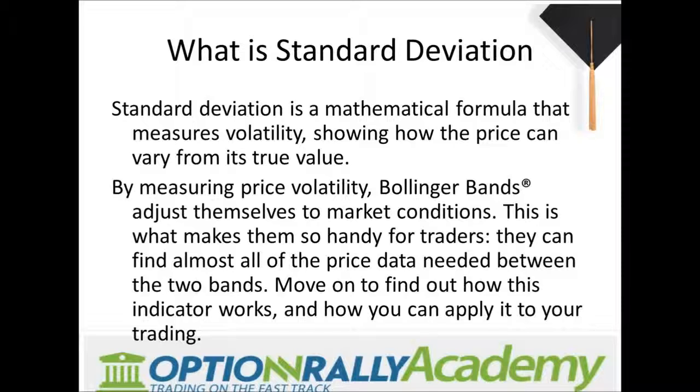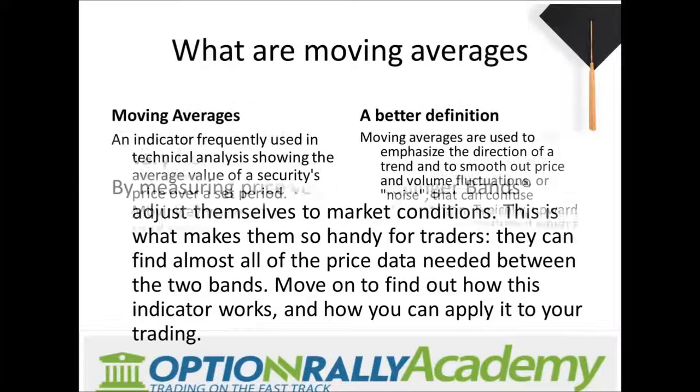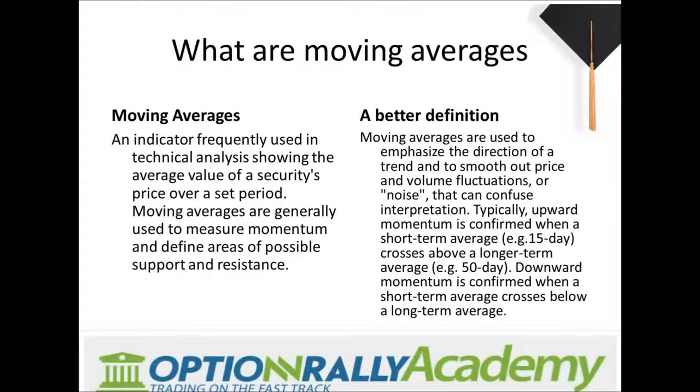For those of you who don't understand what a moving average is, a moving average is an indicator used frequently by technical analysts that shows the average value of a security's price over a set period of time. It's just an average. So if a stock or an asset was trading at 10, 10, 10 for the last 5 days, you take the 10, 10, 10, add it together, you get 50, divide it by 5, and the average for that would have been 10.